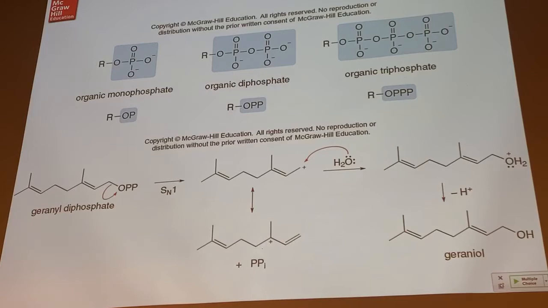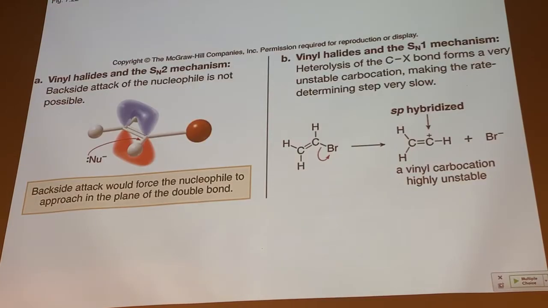All right, and then back at the beginning of chapter 7, we mentioned that vinyl halides and aryl halides, where you have your halide attached to an sp2 carbon, do not undergo SN2 or SN1 reactions. Now that we've learned more about those mechanisms, we can explain why these reactions do not occur.